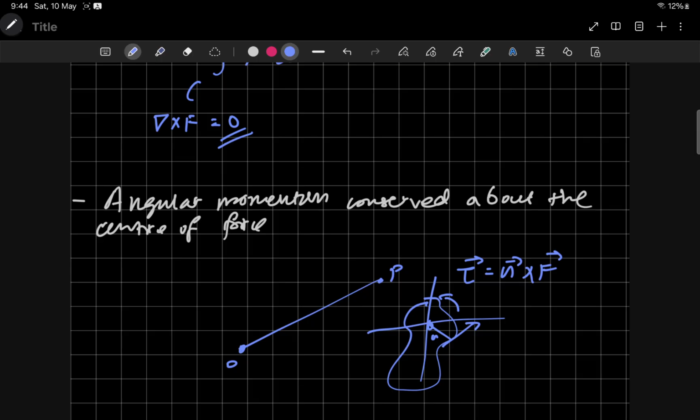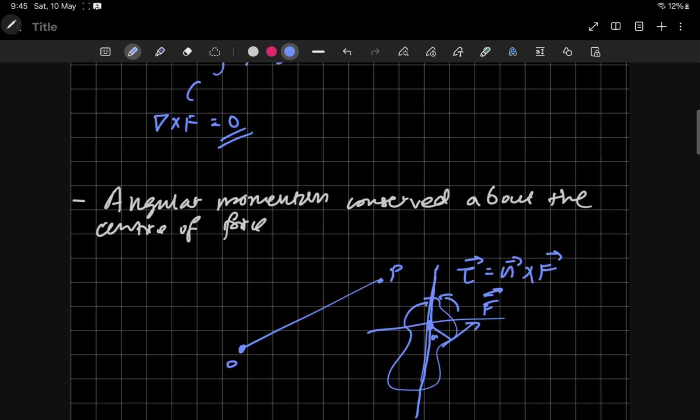If you take the axis of rotation as this, and this is the force F acting like this, R is the distance between the axis and the force. So that is what torque is, and torque is responsible for rotational motion.